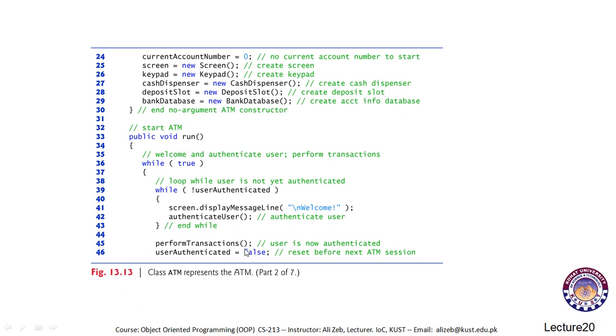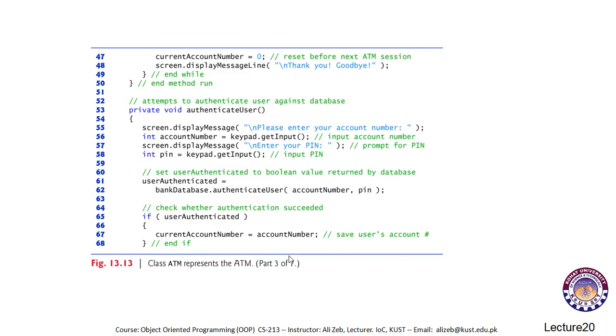Once the execution of this method is complete, we reset the authentication of the user to false, since the user is supposed to have exited the system, and we need to restart the system to its default values. All of the default values are reset, displaying a message on the screen thanking the user.